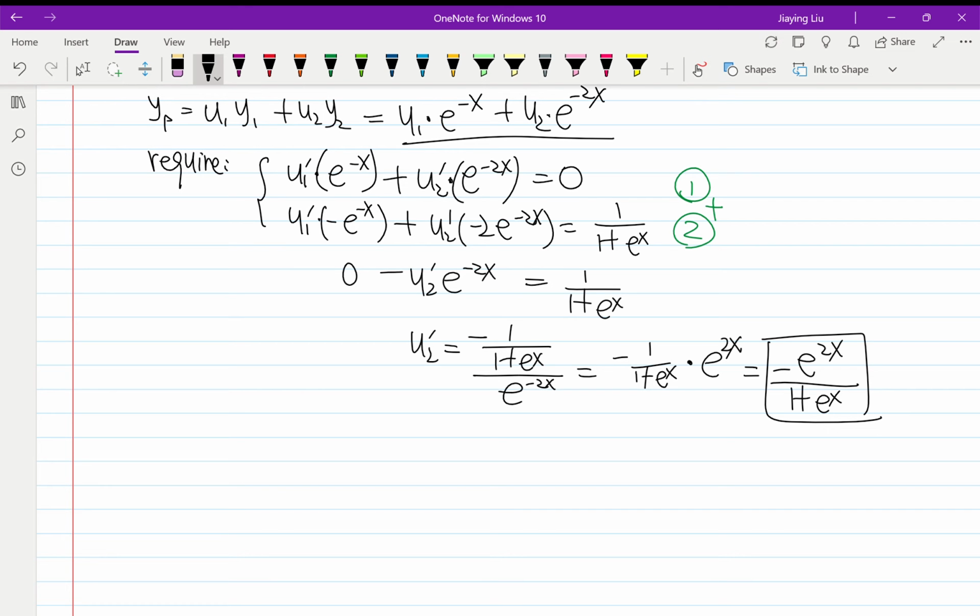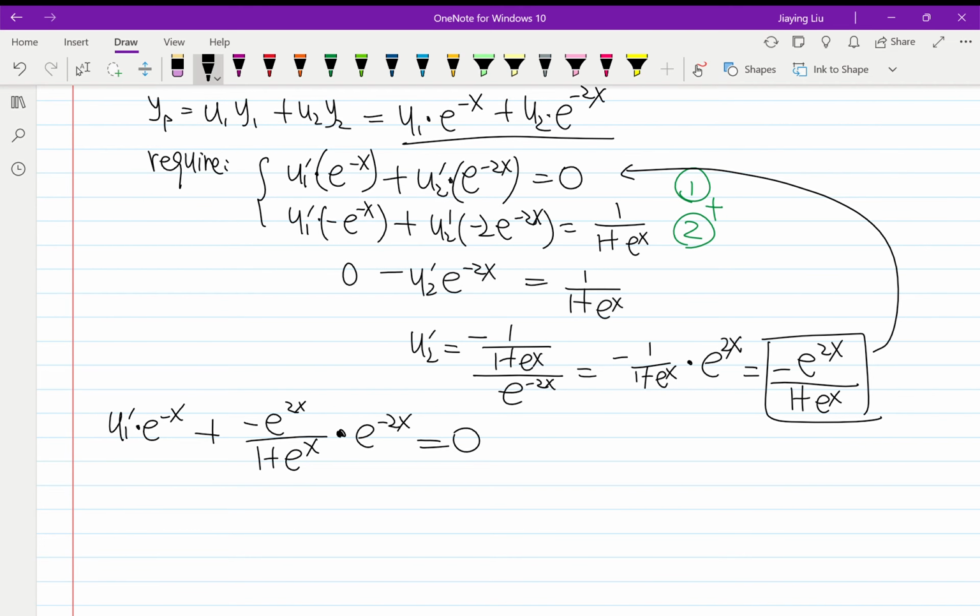And now we can take the u2 prime, put it into the first equation, and solve for u1 prime. So u1 prime e to the negative x plus u2 prime, I can plug in now, so that's negative e to the 2x divided by 1 plus e to the x, times e to the negative 2x is equal to 0.